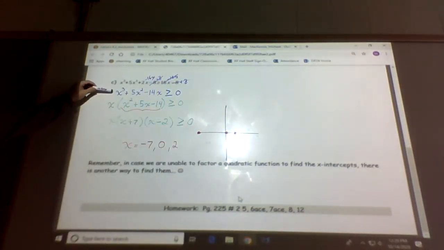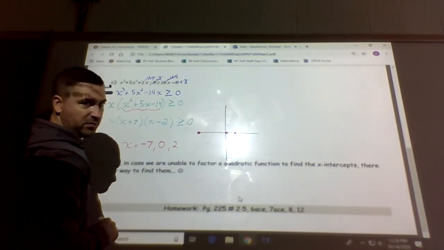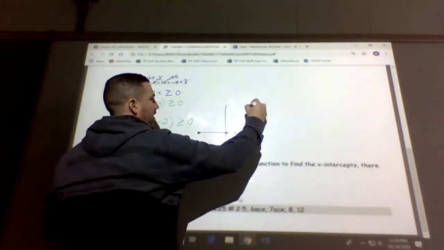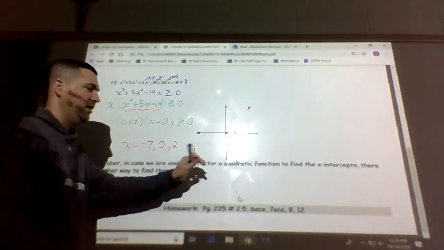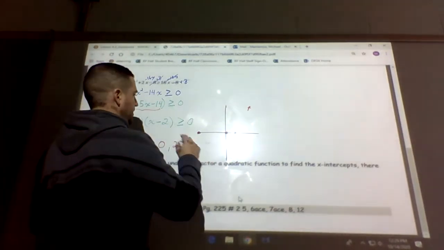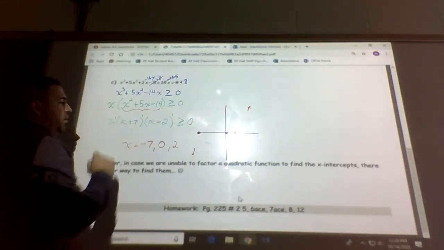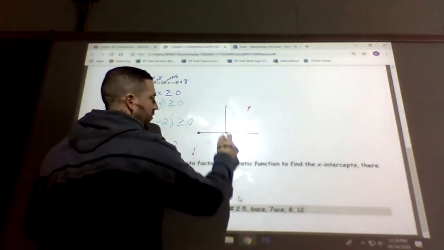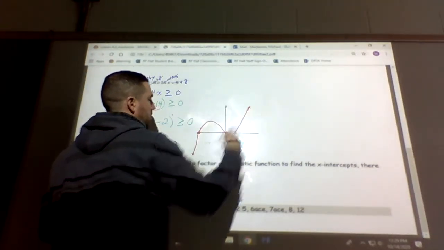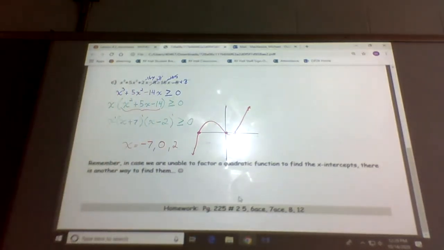We have a positive leading coefficient, so it's a cubic function with a positive leading coefficient. So our end behaviors are going to be the first and third quadrants. Okay, now since these are all orders of 1, we're going to cut through the x-axis at each of those points. So something like that.